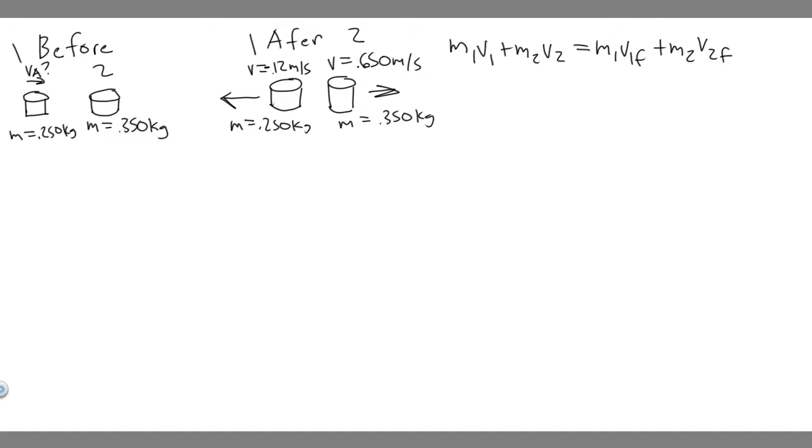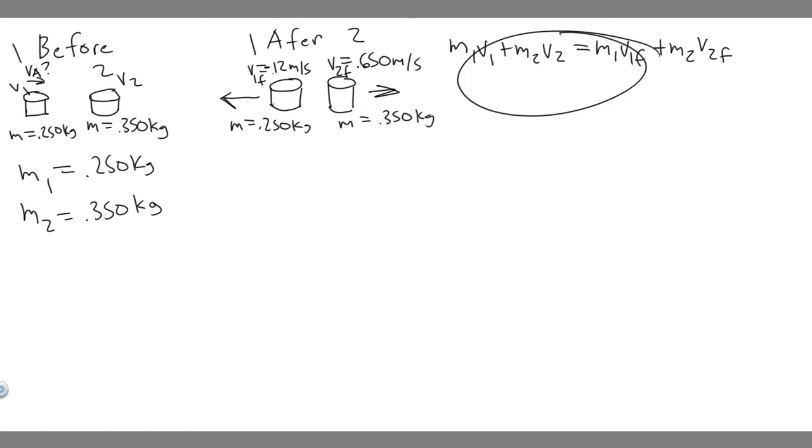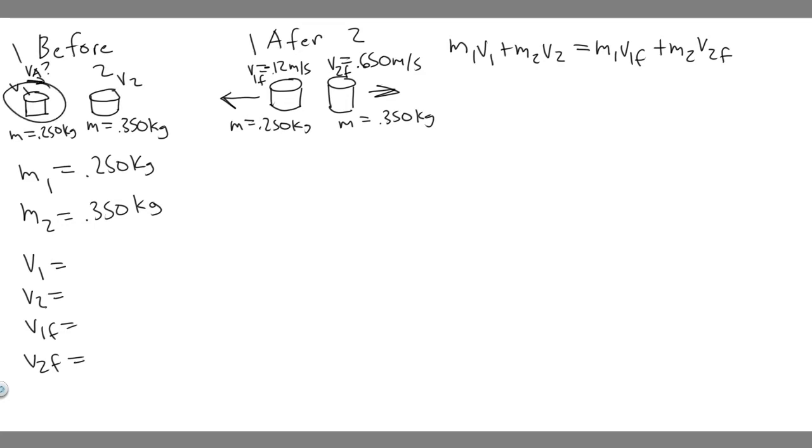Let's write down each of the things. We know m1 and m2. m1 is A, which is 0.250 kilograms, and m2 is B, which is 0.350 kilograms. These don't change throughout the problem. The things that are going to change are the velocities: v1, v2, v1 final, and v2 final. 2 is B, 1 is A. What's v1? v1 is the velocity of A, which we don't know.